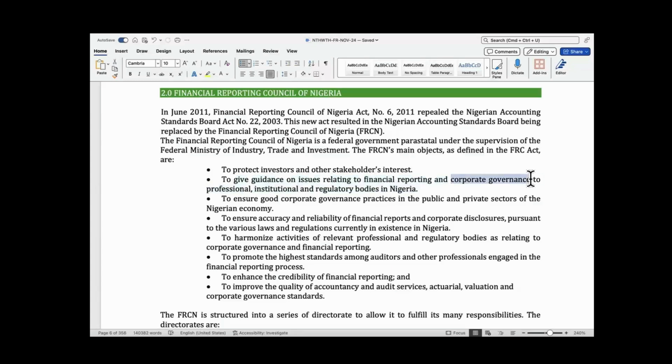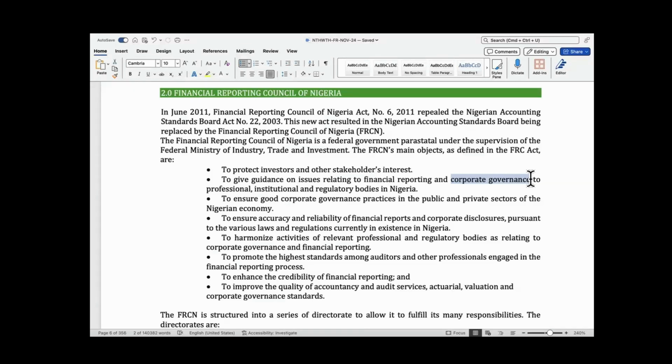For those of you that have not heard of this before, a company that does not have good corporate governance can never publish an accurate or reliable financial report, because corporate governance is how a company is controlled and directed. A company where the CFO reports directly to the MD, where the MD can instruct him to do and undo, has no corporate governance.